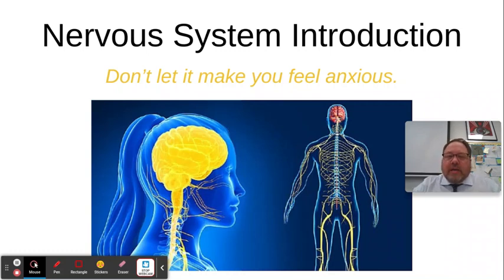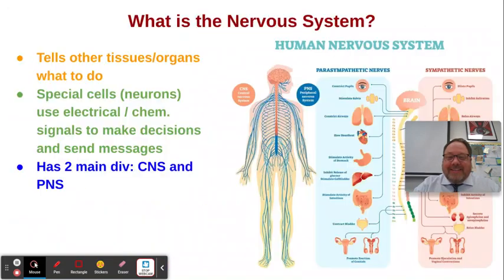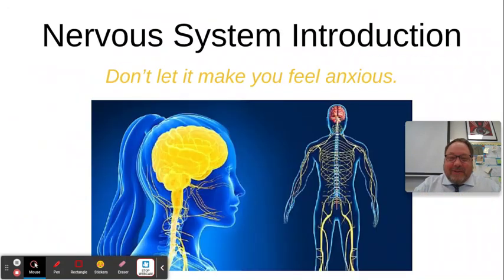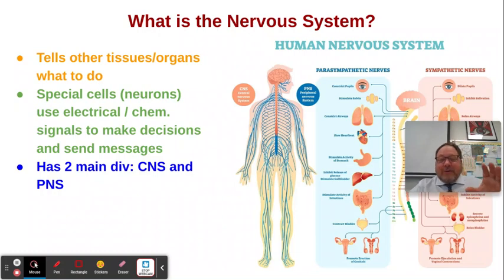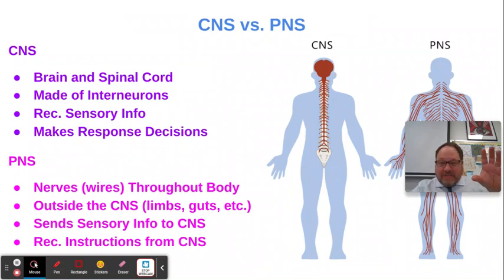We started looking at the overall structure of the nervous system. We know that the nervous system helps control other tissues in the body and relay information and instructions throughout the body. The central nervous system, that's the decider, contains those interneurons that make decisions about whether or not to send electrical impulses that would instruct other parts of the body what to do.